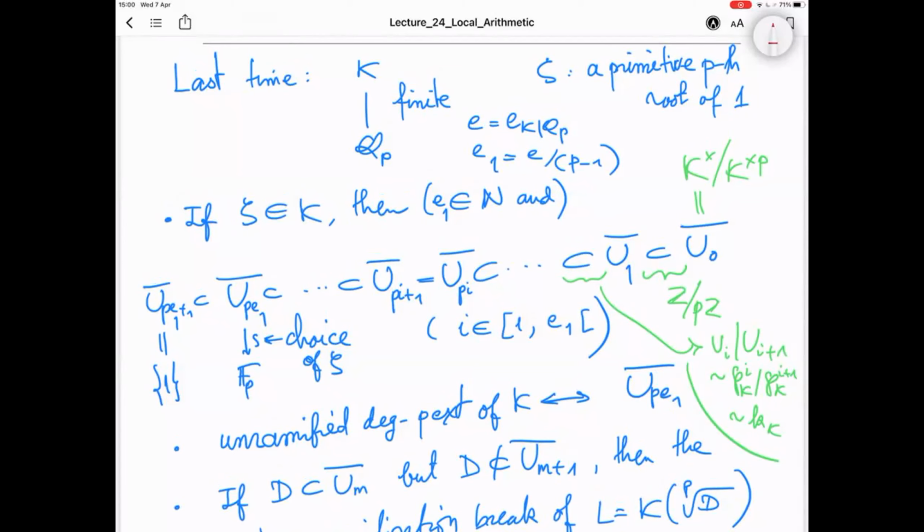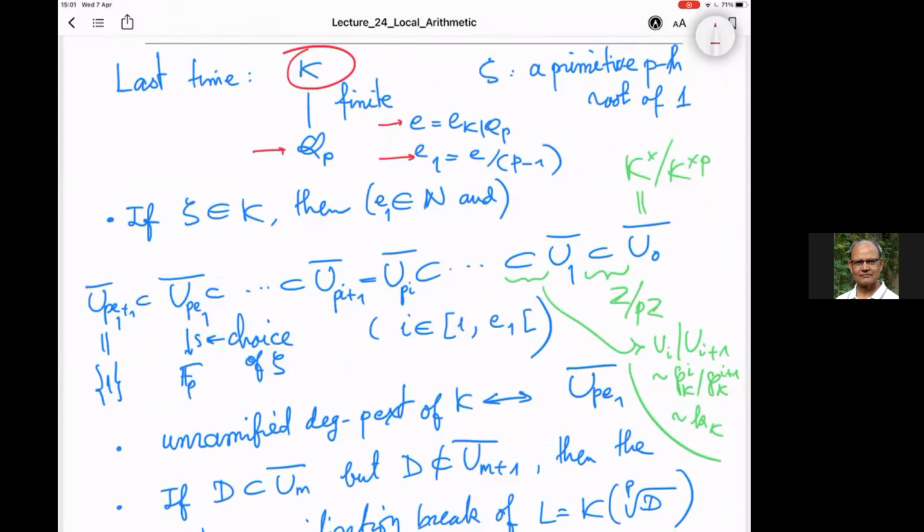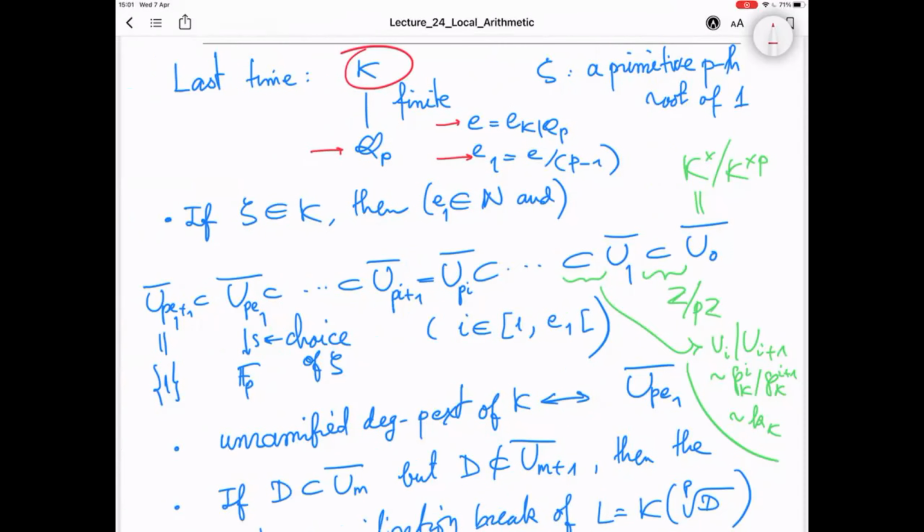So what did we do last time? Last time, we had an arbitrary p-adic field K, a finite extension of Q_p. We denote by e the ramification index of K over Q_p, and we will denote by e1, or sometimes e1(K) if we want to specify which field we are talking about, e divided by p minus 1.